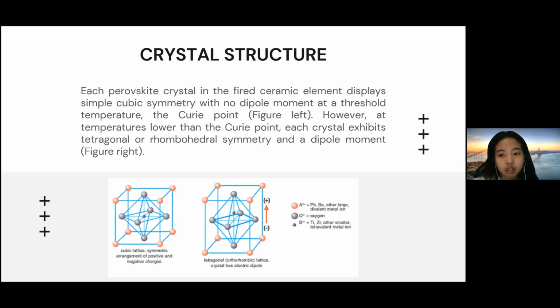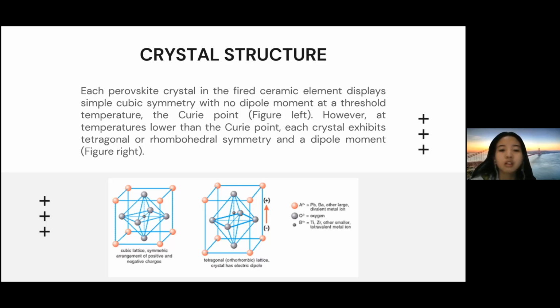And for the crystal structure, each perovskite crystal in the ceramic element displays simple cubic symmetry with no dipole moment at a threshold temperature, called the Curie point. From the figure, it is the left one.